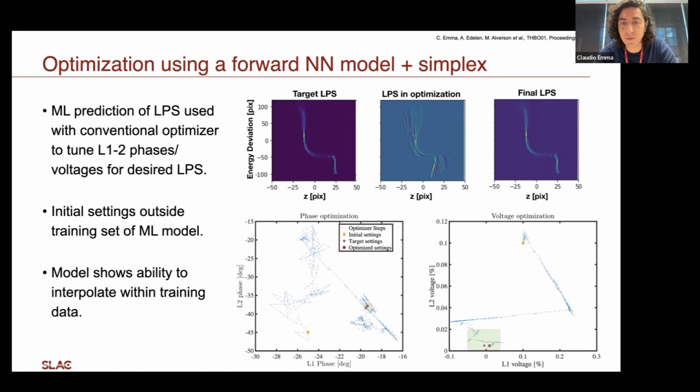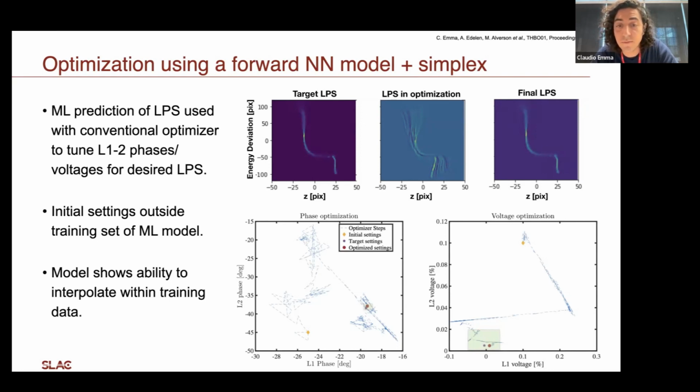And it's something that we were able to successfully show, as you can see in these plots here. We start with some target settings that are shown by the purple star here. If you look on the L1S and L2 phase scatter plot here, it's about -20, -40 degrees, but we start our initial settings way outside there, several degrees out.